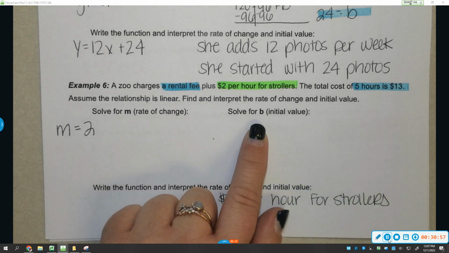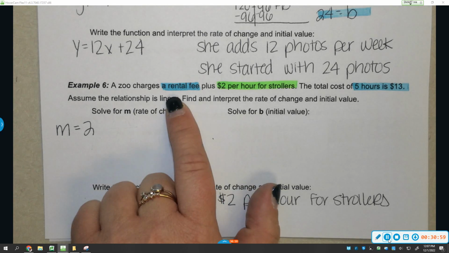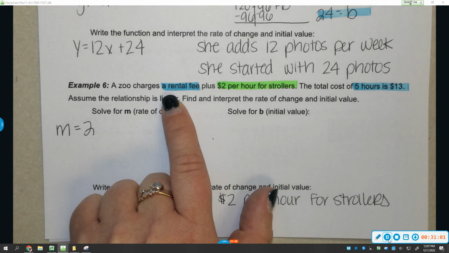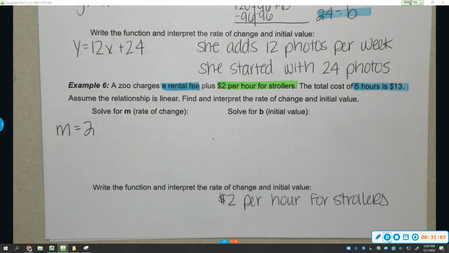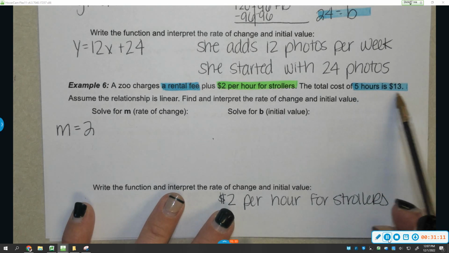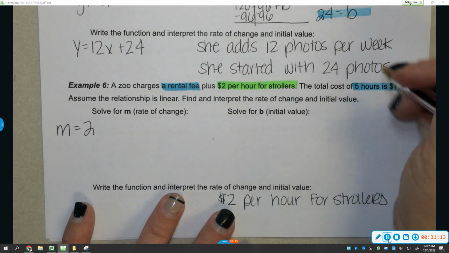That leaves us solving for our B, which is going to end up being this rental fee. What the zoo does is they charge you a rental fee, and then you pay per hour for using the stroller. So again, we have to figure out what's our X and what's our Y.